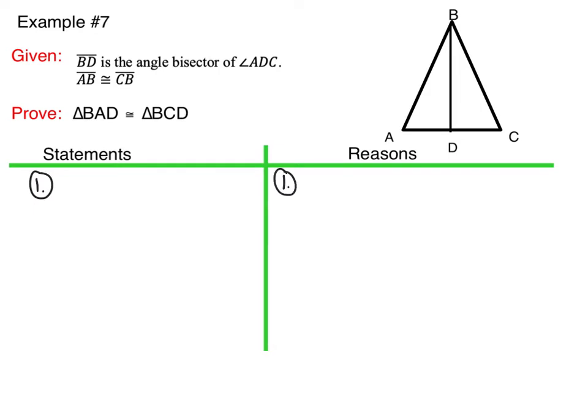So the first one is going to be that BD is the angle bisector of angle ADC. And that reason is given. Right? That one's easy. Now, noticing that angle ADC is a straight line and its bisector BD is bisecting it, I have congruent angles.